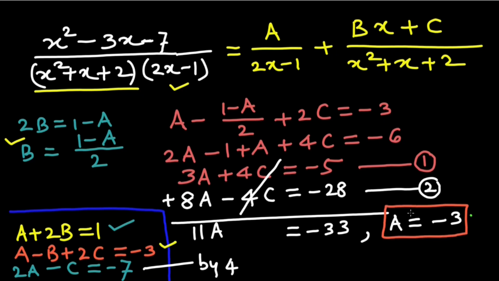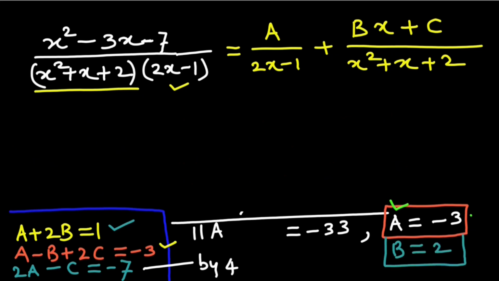We will use this value of a here and find b equals 1 plus 3 by 2, which will be 2. So the second value is b equals 2. To get the value of c, we will substitute a equals minus 3 in the third equation here and write 2 multiplied by minus 3 minus c equals minus 7.